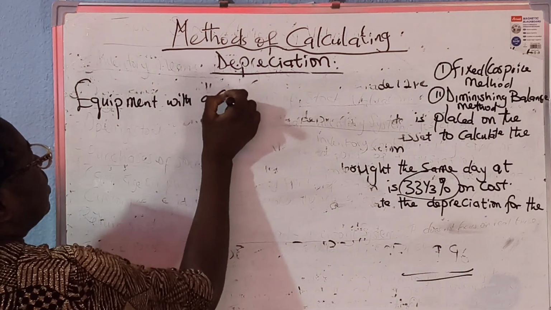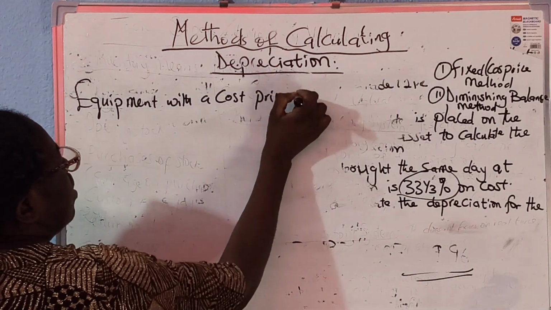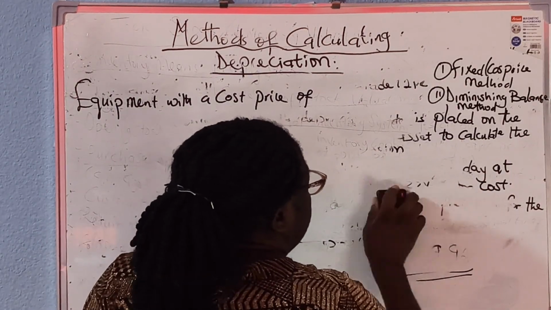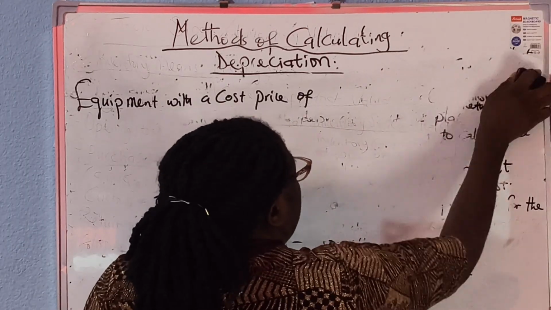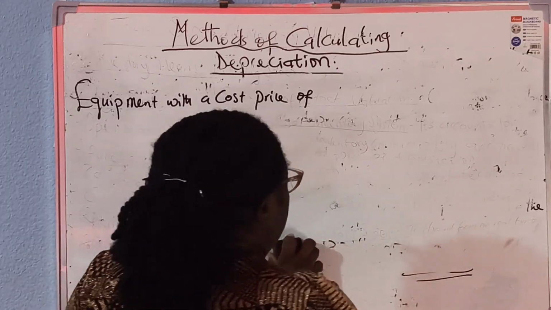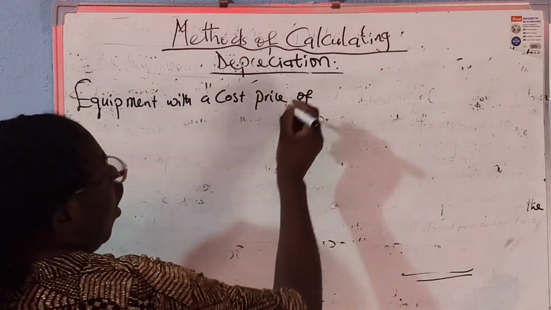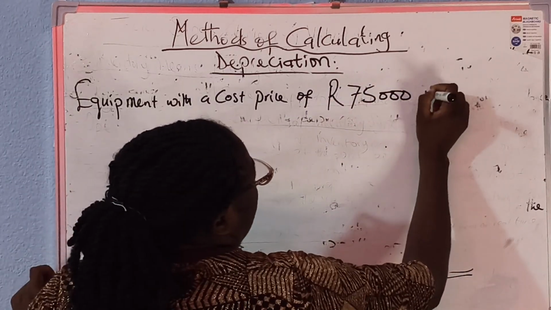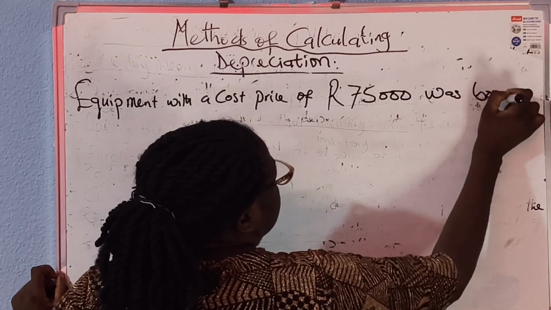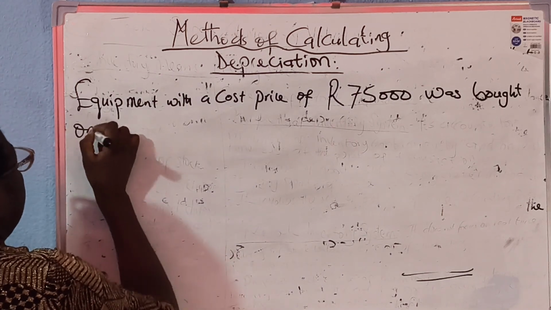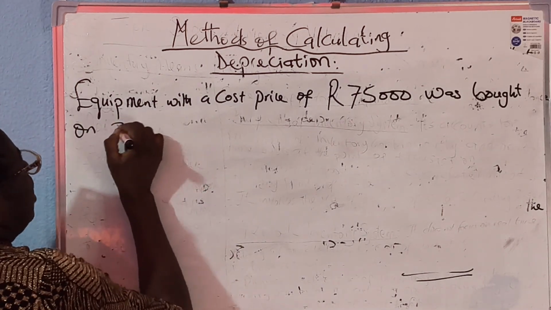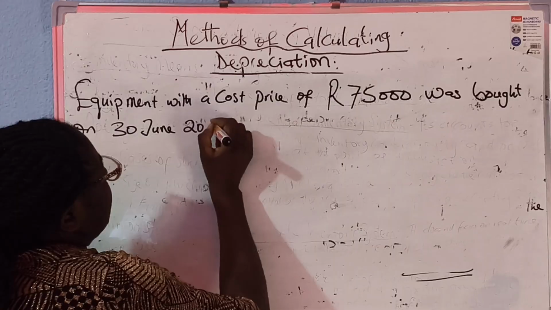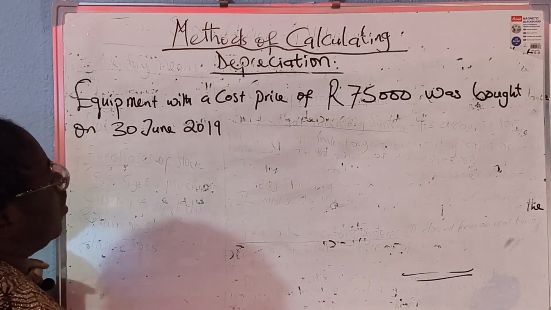Equipment with a cost price of 75,000 was bought on 30 June 2019.